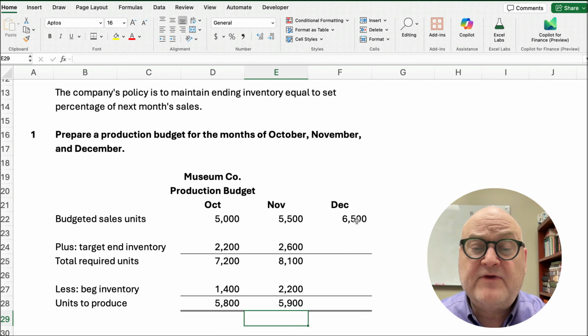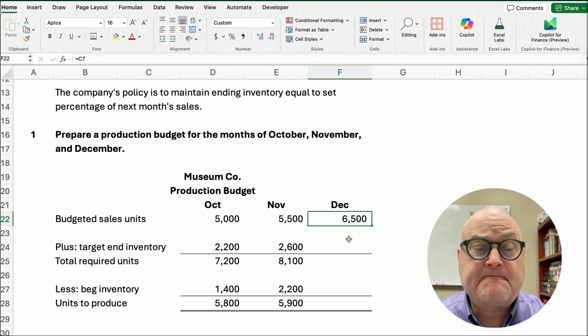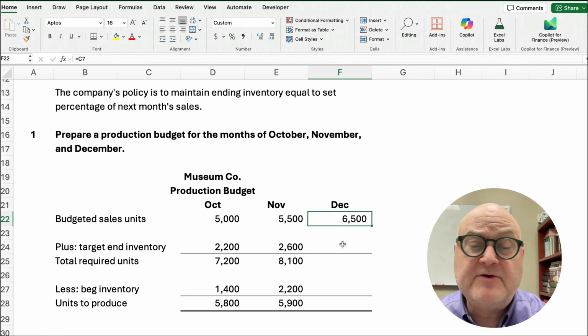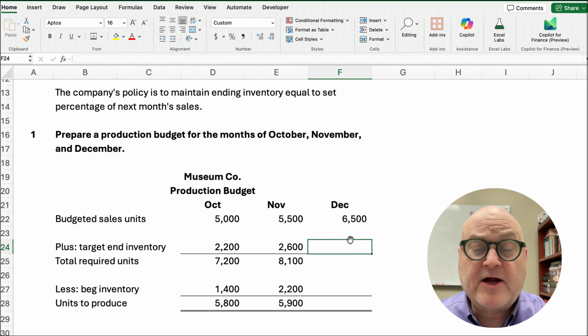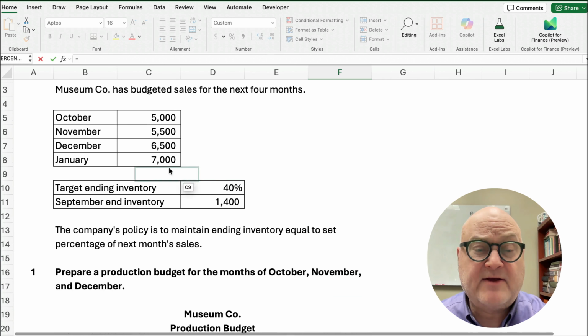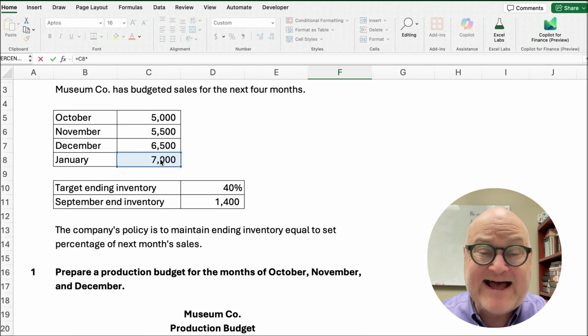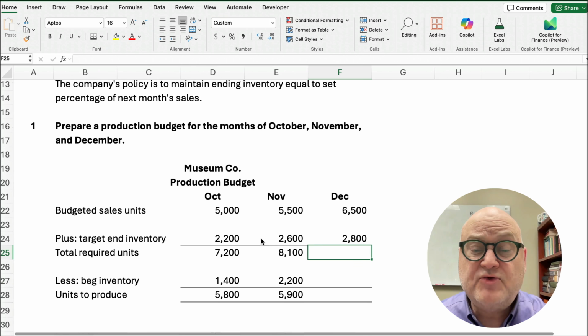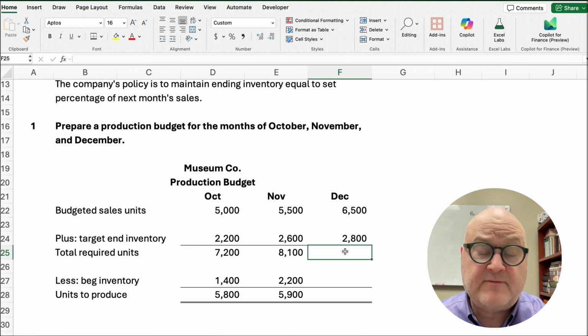Well, what if we're producing and selling 6,500? What is our target for December? Well, we need to know January sales. So 7,000 times 40%. We need to maintain 2,800, not dollars, but units of inventory.